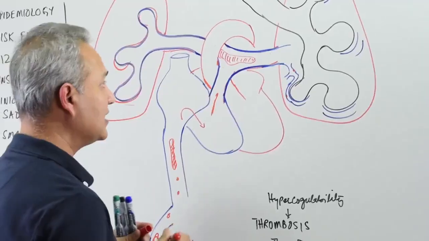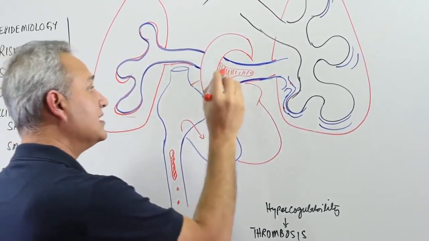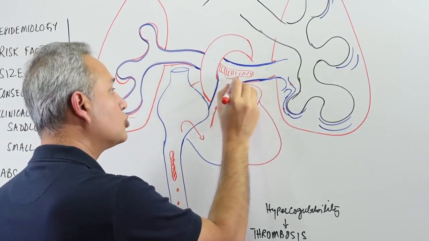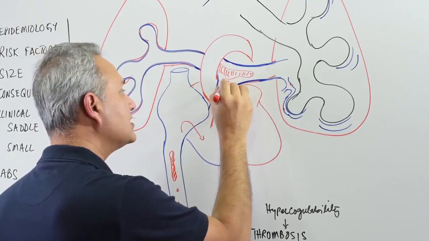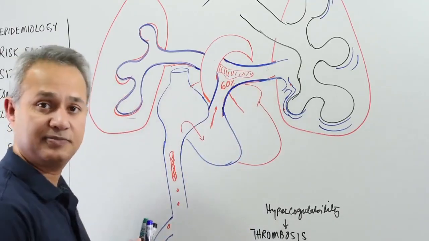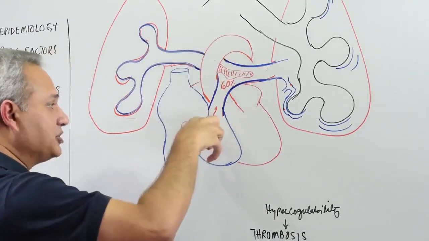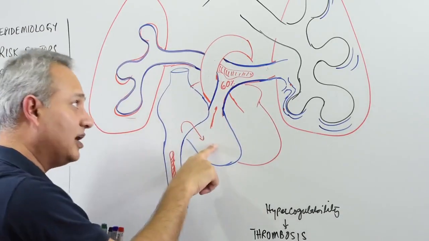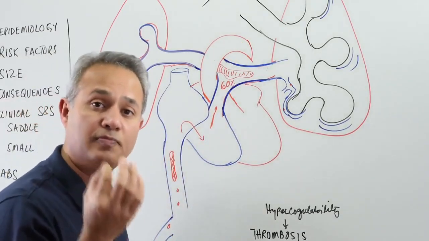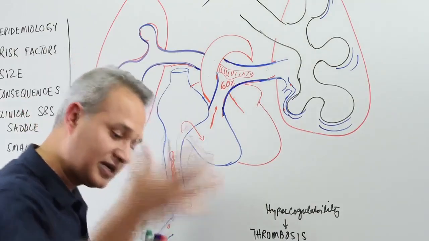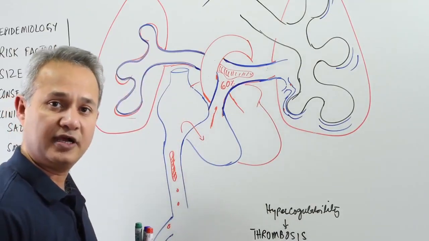And this is called a saddle embolism. And this saddle embolus, if it occludes this area by about 60% or more, would cause immediate back pressure on the heart, strain on the right heart, cause acute cor pulmonale, and the patient would immediately just fall and die.